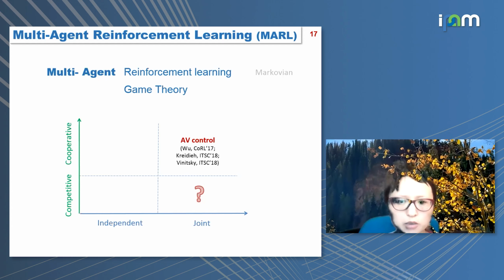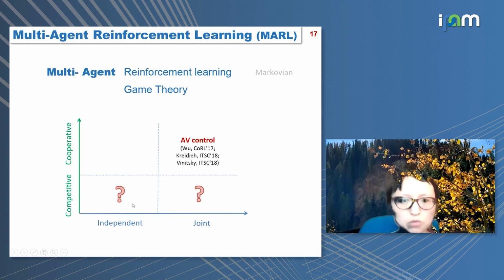My argument is that they may be more competitive than cooperative, because in the future, each AV's goal is to move its own occupant from A to B by the shortest path. If they cooperate, their driving time may actually get worse. So that's why this non-cooperative game training policy may work here.